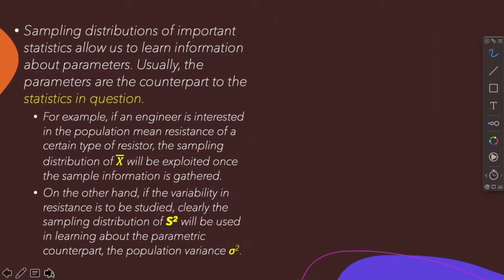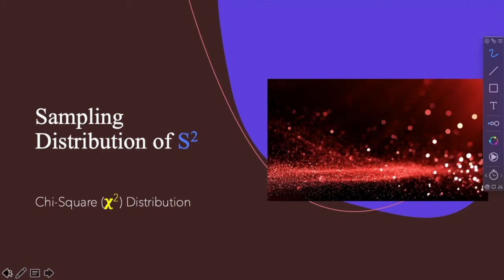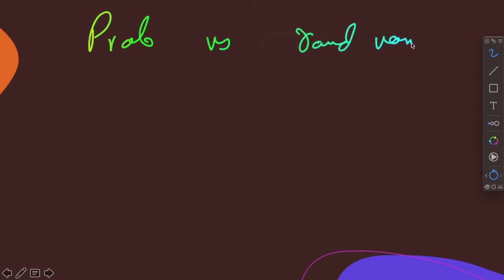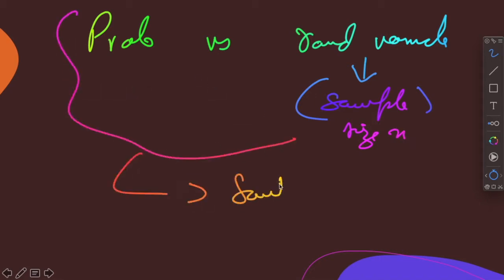Now why do we use sampling distribution by means or variance? In the case of the relationship between probability and a random variable, if the random variable is based on the sample, and the sample has a specific size n, then this relationship is called a sampling distribution.